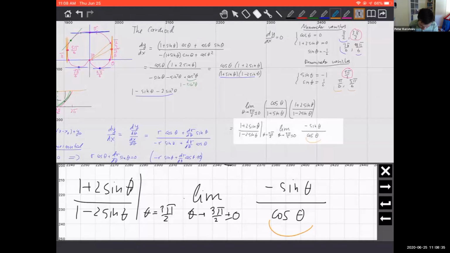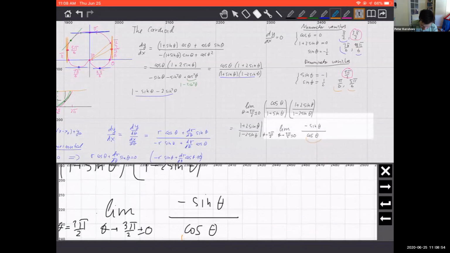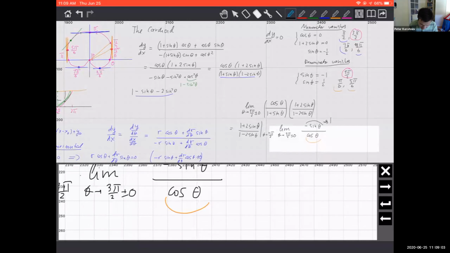Okay, so indeed that gives us infinity. As we approach, sine of 3 pi over 2 is equal to -1, and there is an extra minus. So the numerator approaches 1 as theta approaches 3 pi over 2, doesn't matter from which direction. And the denominator approaches 0. If it approaches 0 from the right, we get plus infinity.